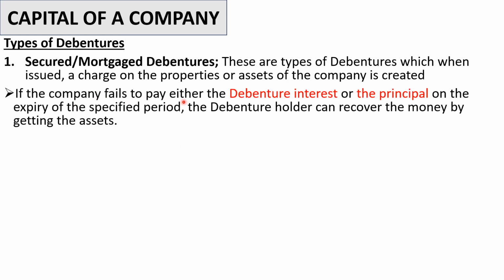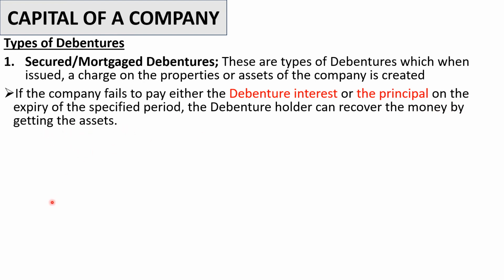So if the company fails to pay either the debenture interest, which is more like the loan interest, or the principal, the actual amount of money that the company got, on the expiry of the specified period as agreed when getting the loan, the debenture holders can recover the money by getting the assets.